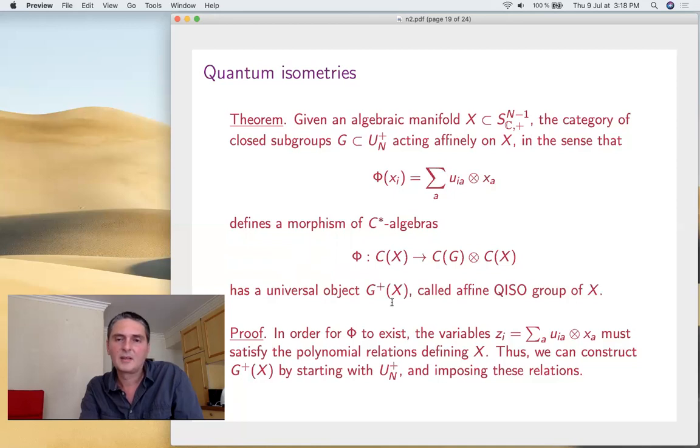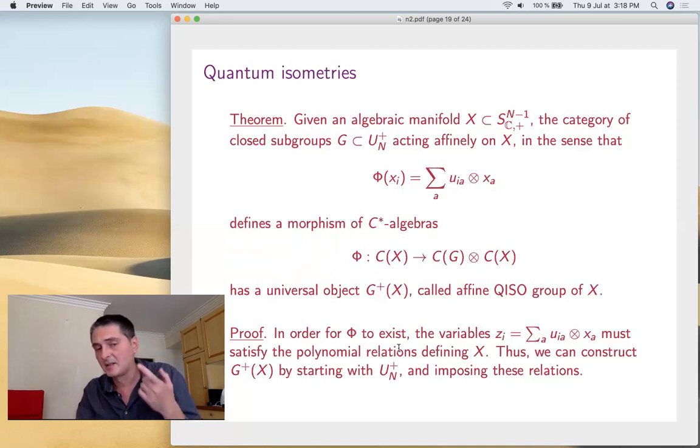Action means, of course, we must have a coaction given by phi. So is this true? In order for phi to exist, for the coaction, these variables here, the Zi, must satisfy the same relations defining the manifold, right? X is an algebraic manifold.